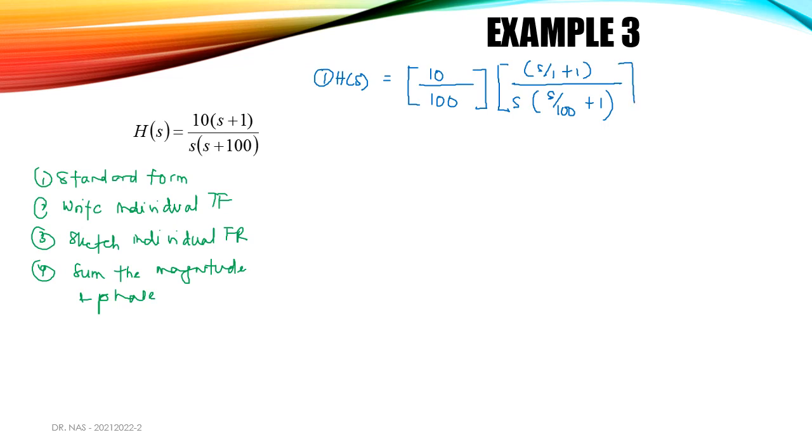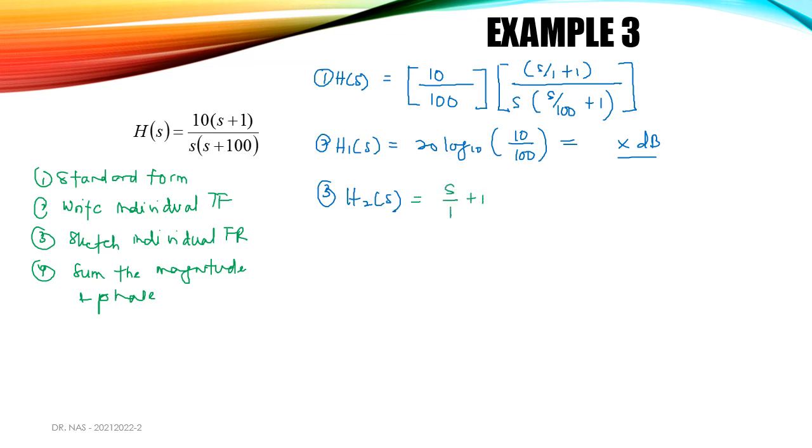In this case, now you can write the individual transfer functions. H1(s) is the constant, so 20 log of 10 over 100, so you get your answer in dB. Next you have zeros at 1, so the equation is s over 1 plus 1.